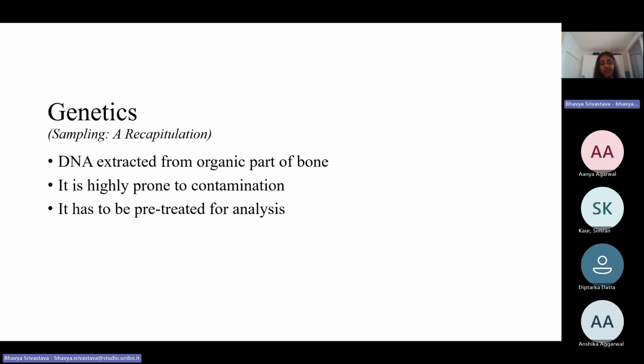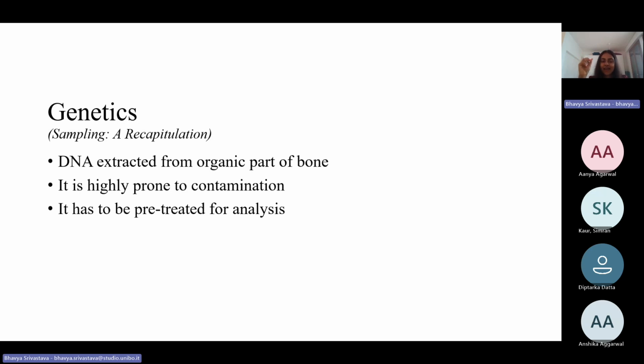DNA is prone to contamination. It is also true that it's not just in the excavation stage, but also in the laboratory that DNA can be contaminated. The microbial growth in DNA in certain cases is to the extent that only 0.2% or maybe 0.5% of DNA that has not been contaminated, the uncontaminated part, can be extracted.